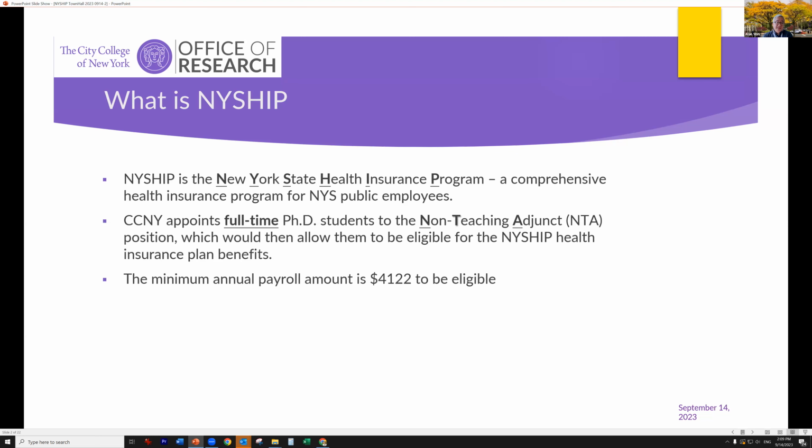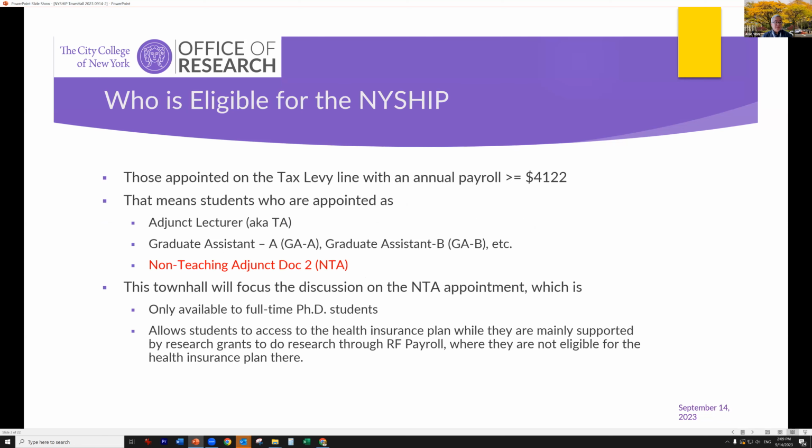They need to be making this much money. Not only the NTA, but all appointments to the tax levy lines, so long as the annual payroll is greater than 4122, will be eligible.